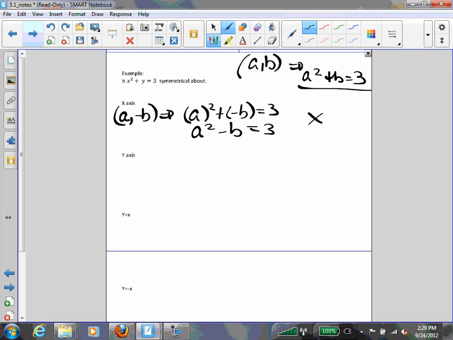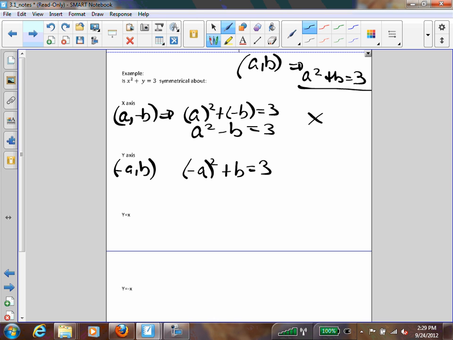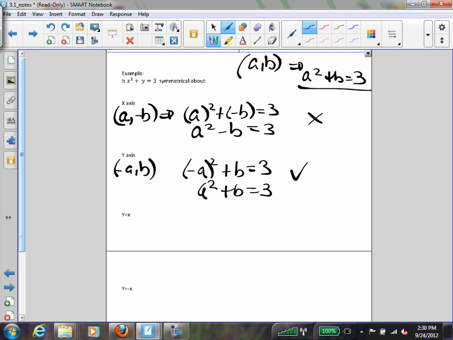So that's a no. All right, what am I going to use if I want to do the y-axis? Negative a, b. All right, so that's negative a squared plus b equals 3. That's a squared plus b equals 3. Is that what we're supposed to get? So we know that this is symmetrical around the y-axis.